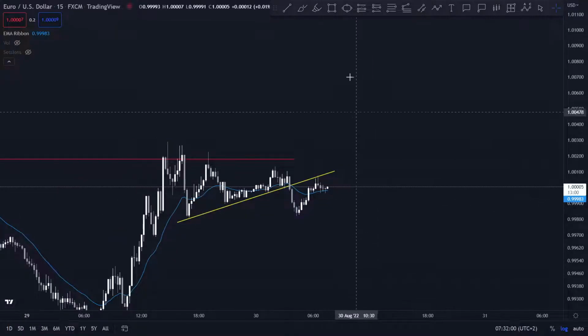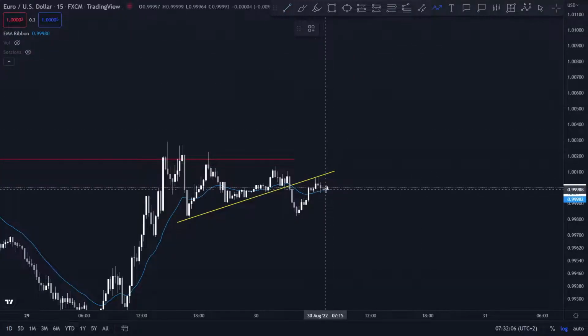I'm going to wait to see if the market is going to try another attempt higher, then come back down again here. I'll enter a short position here with a stop loss up here.